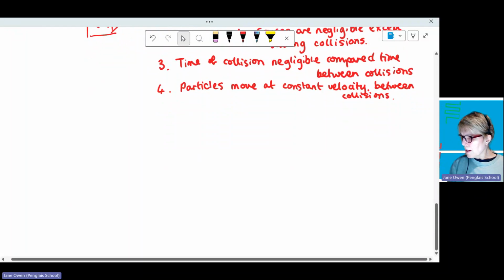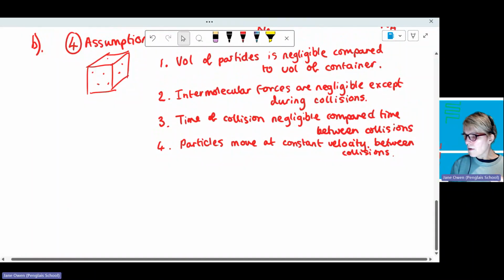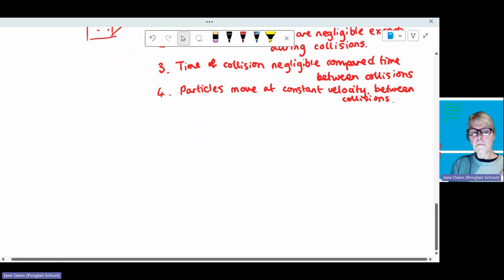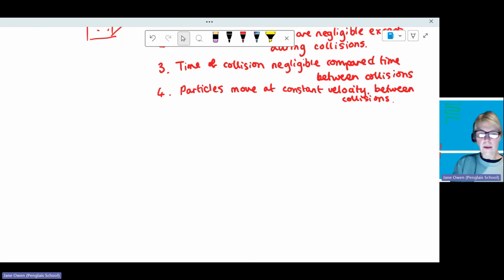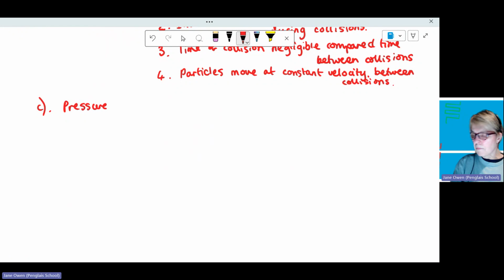So what we need to do now is have a look at how this kinetic theory of gases relates to the macroscopic properties of, say, pressure, in this case pressure for part C. So we are going to look at the molecular movement and how it relates to pressure, the macroscopic.